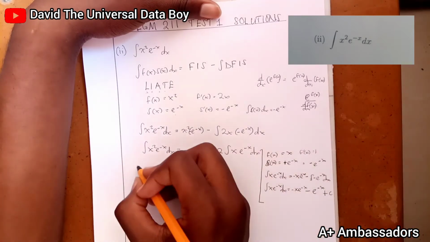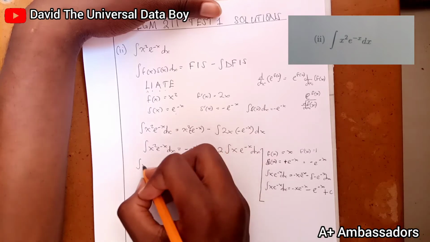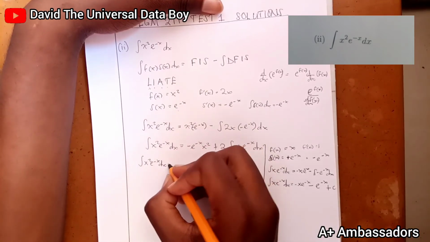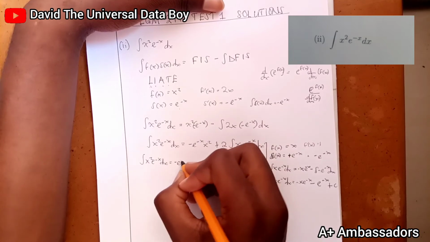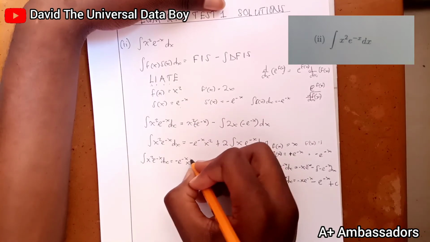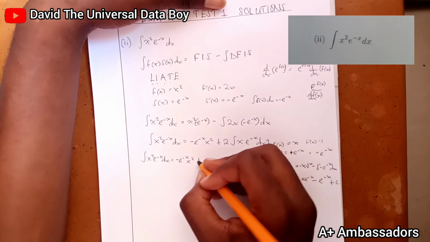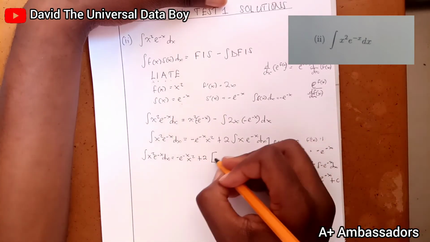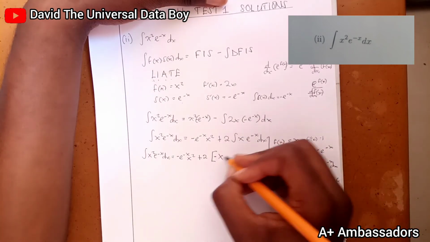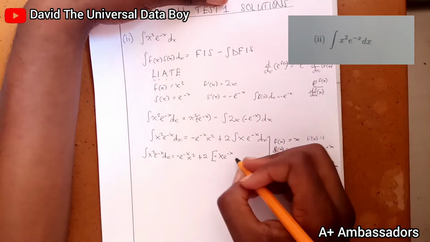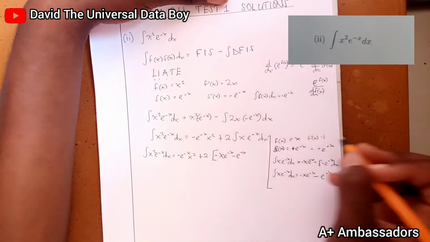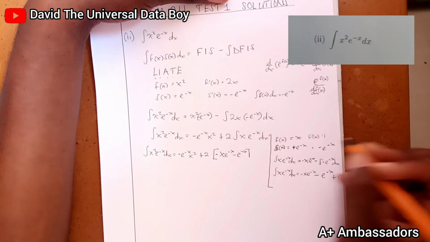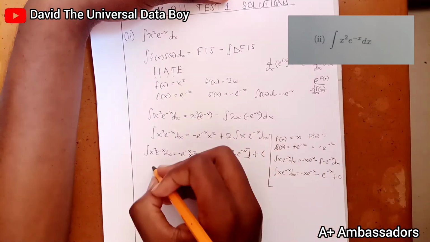So now we can add this one there. We are going to say the integral of x squared e to the power negative x dx is equal to negative e to the power negative x times x squared plus 2 times whatever is there, which is negative x e to the power negative x minus e to the power negative x. We can just end there and say plus c.